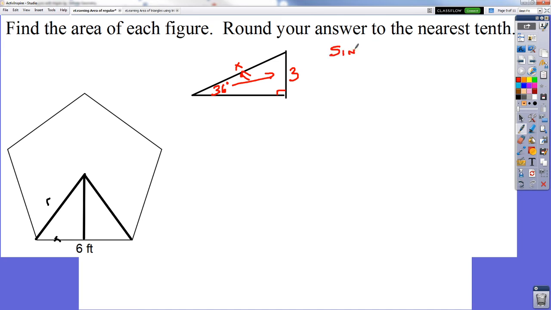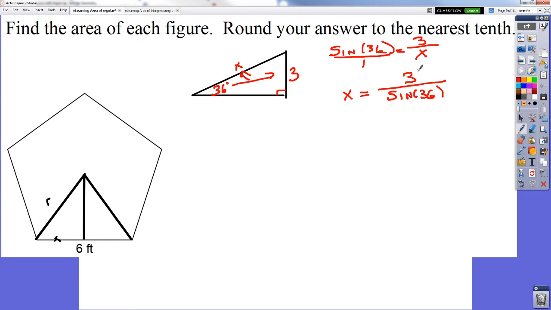Sine of 36 equals opposite over hypotenuse, and we're going to cross multiply and divide here, so we end up with 3 over the sine of 36.